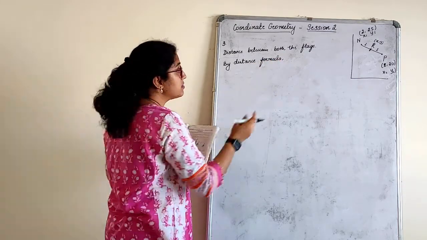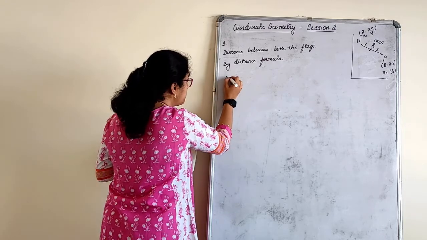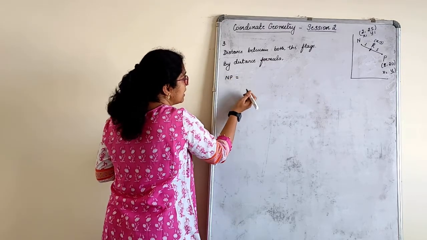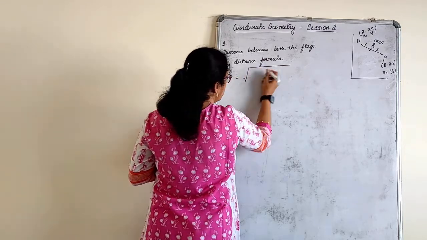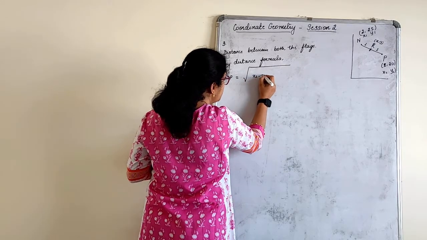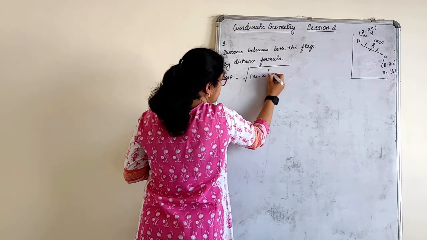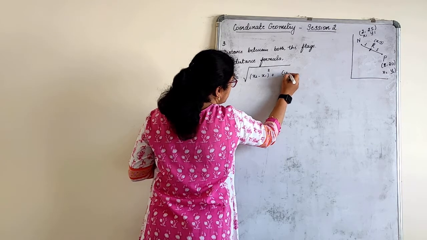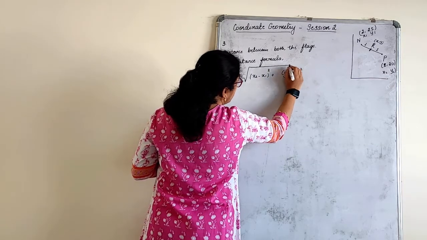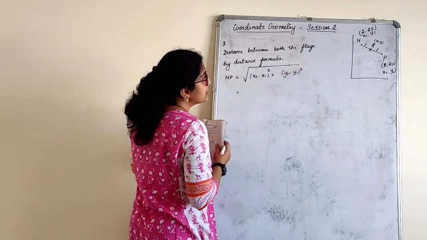Okay, so by distance formula, what is that distance? What is the distance formula, children? x2 minus x1 whole square plus y2 minus y1 whole square. What is x2 there?